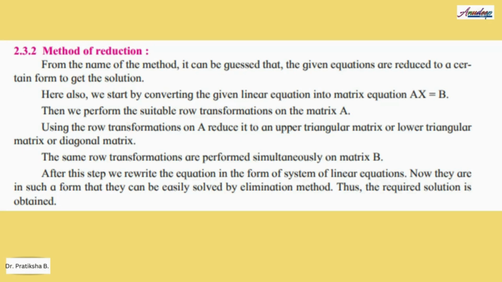And then we will rewrite the equation using the reduced matrix. Then we'll be able to find the values of x, y, z. It becomes very simple to get the solution.